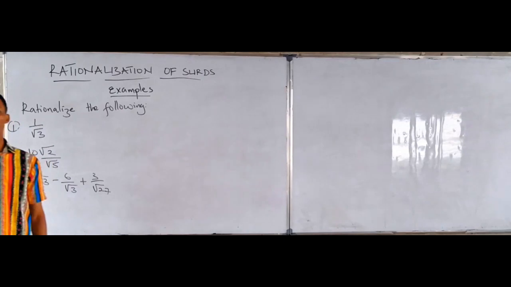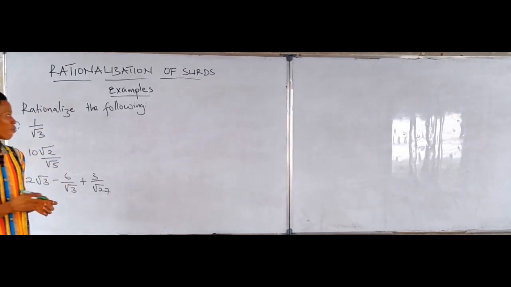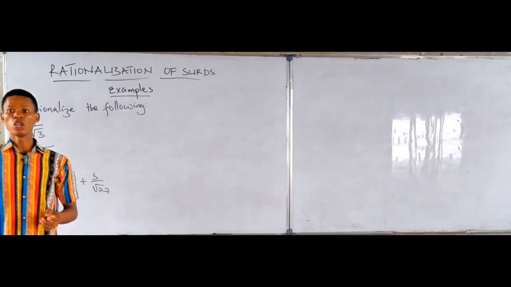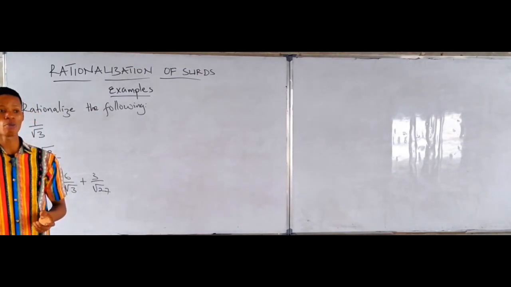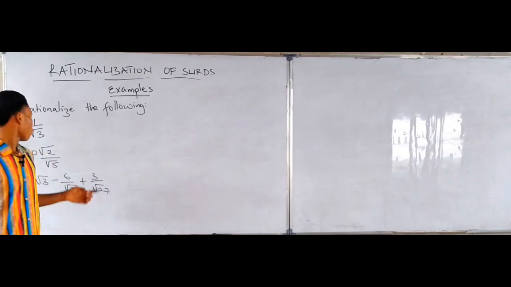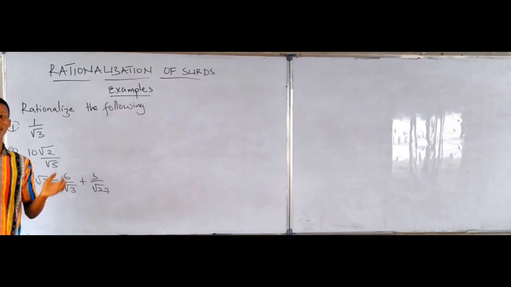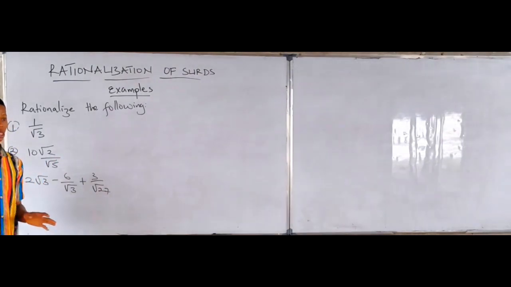If the surd you're given has a root of a non-perfect number in the denominator, that surd is irrational. For example, here we have a surd as a denominator. When the surd is the denominator, we said it is irrational. We want to rationalize it. We want to make it rational. This is what I mean.